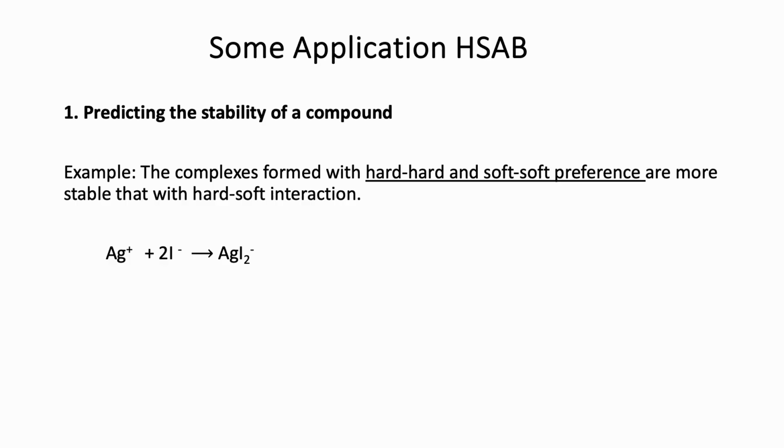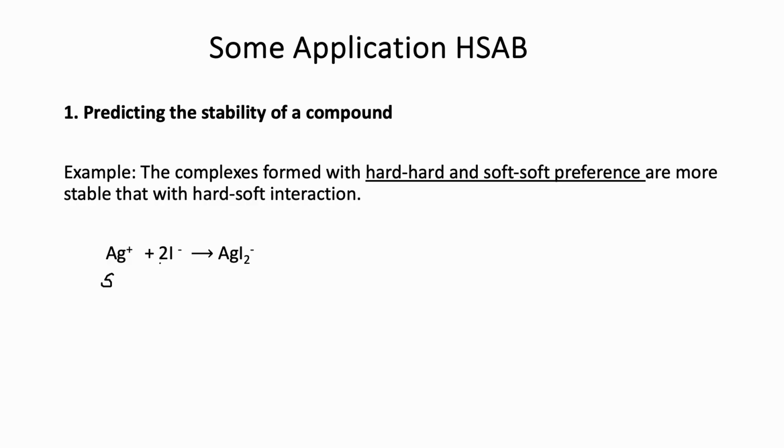At the back of your mind, you should open your periodic table and try to make an educated guess whether it is a soft or hard acid or base. Silver is big with a low charge, meaning this one is a soft acid, right? Iodine is big again, so soft.